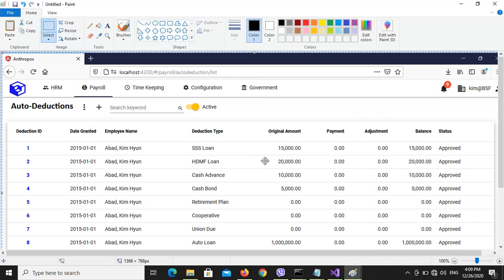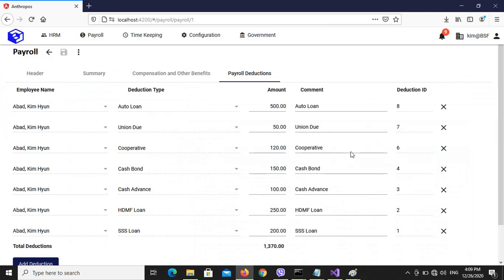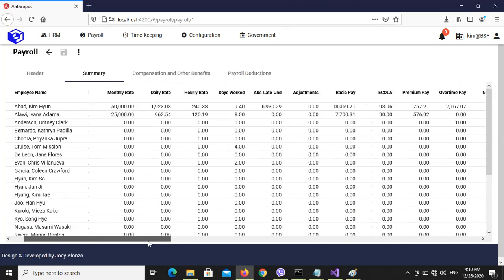So we have SSS loan, HDMF loan, cash advance, retirement cooperative, and auto loan, okay, and union due, which will come here. So the amount that come here will depend on the amount per deduction, okay, and then this will be summarized here.